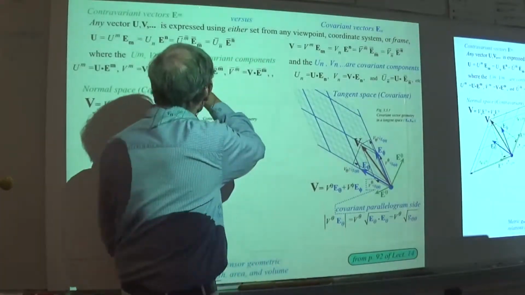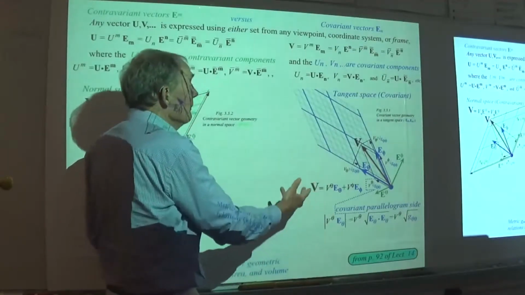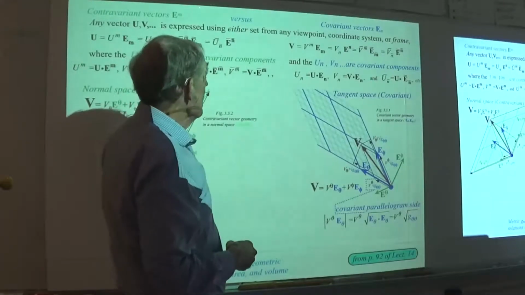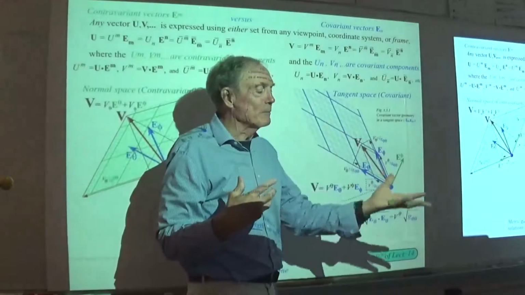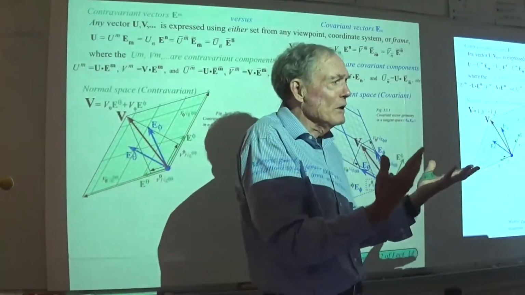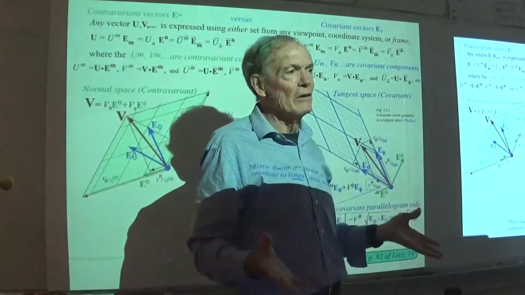I can look at it using the unbarred vectors and coordinates that are drawn here, but I might have some other completely different system, like in your homework, where I've given you the plot for a parabolic system, and you have to, for some reason, do a transformation to the sliding one, or back to Cartesian, whatever.